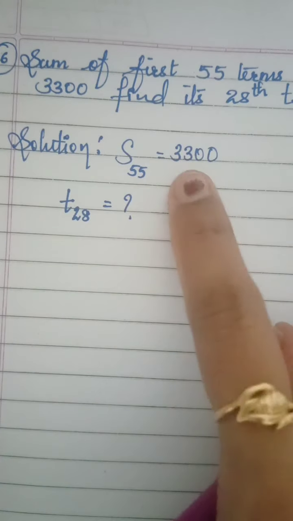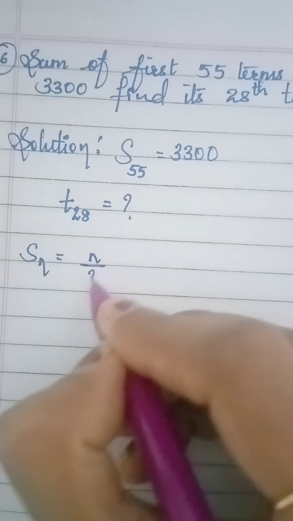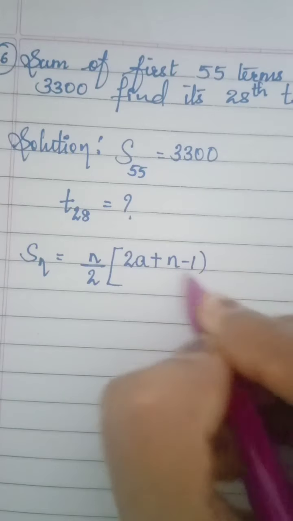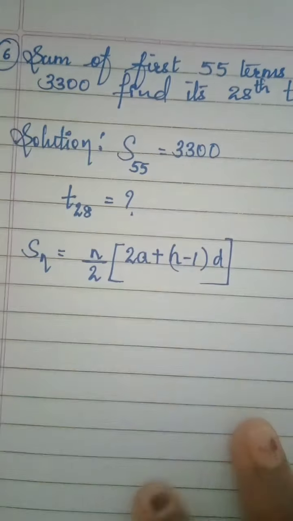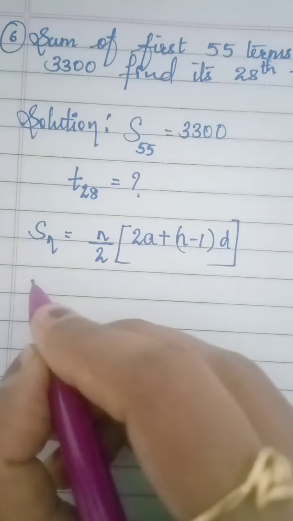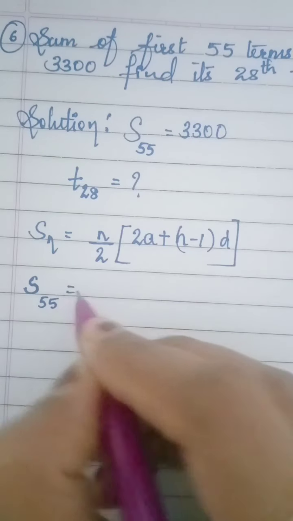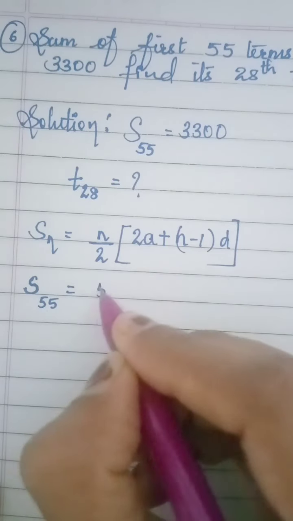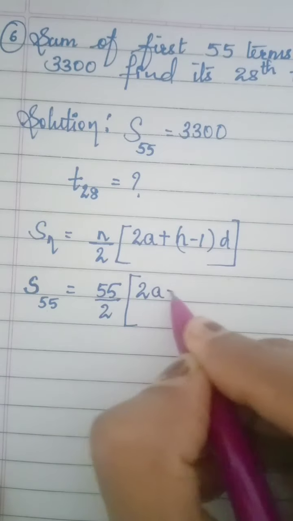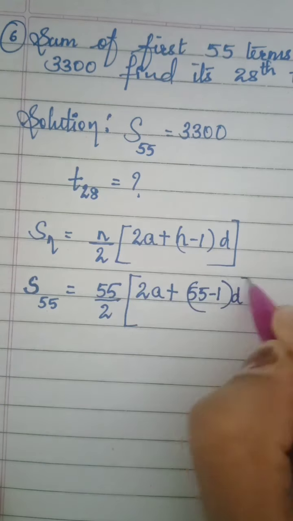Let us use a formula for sum of terms. Sn is equal to n upon 2 bracket start 2a plus n minus 1 into d. We don't know a, we don't know d, we only know n is 55. So S55 is equal to, what is n? 55 upon 2, 2a plus n is 55 minus 1 multiplied by d.